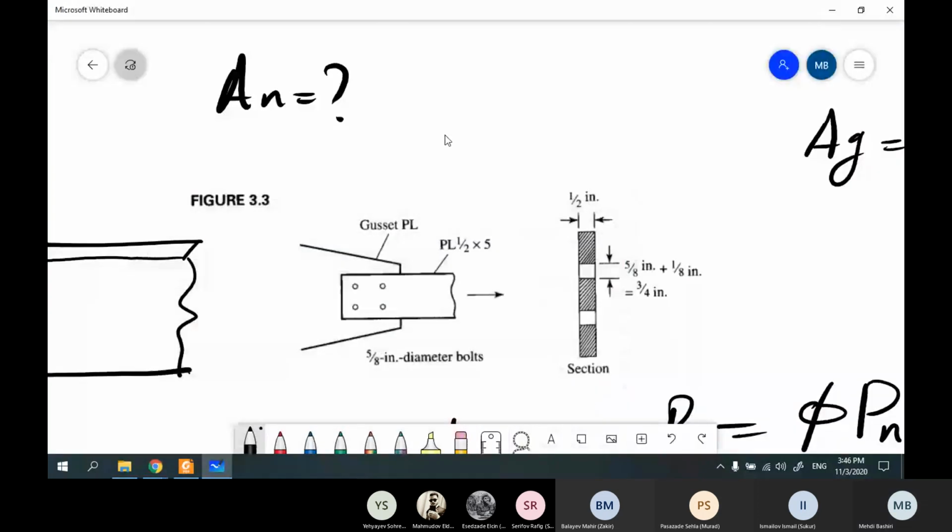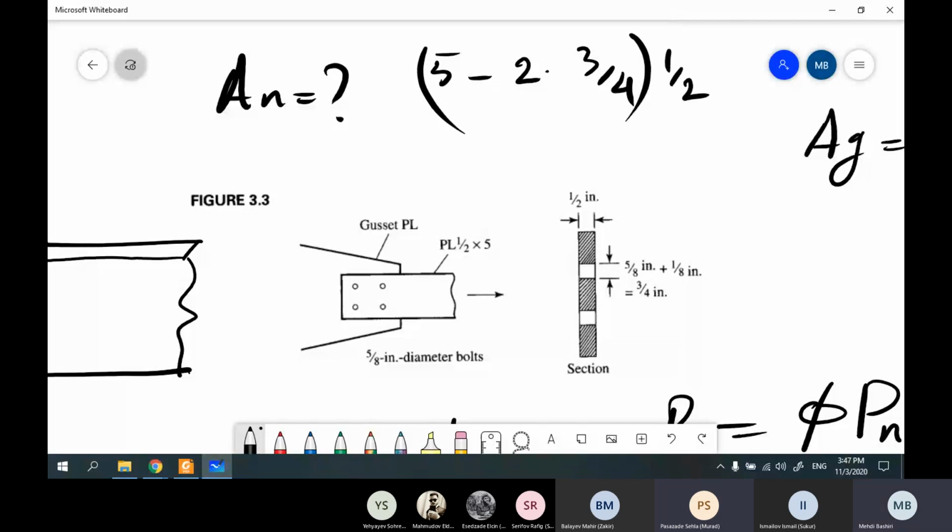What is An? 5 minus 2 times 3 over 4 times t, 1 over 2.